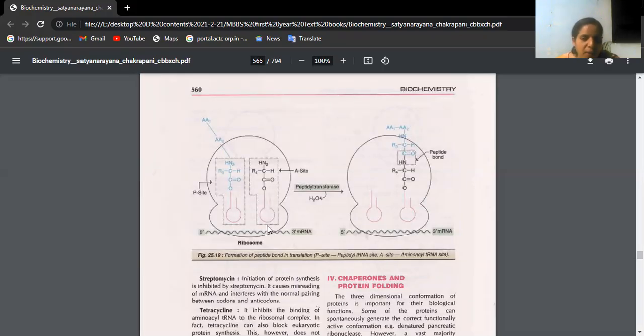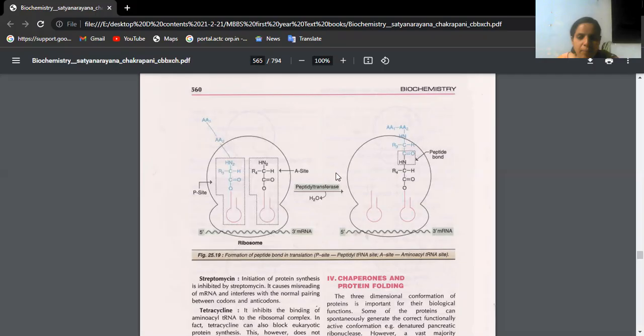Even this is the same thing. These are all tRNAs only: amino acid 1, amino acid 2 and so on. This is the peptide bond formation which is shown. Suppose this is methionine, suppose this is lysine.